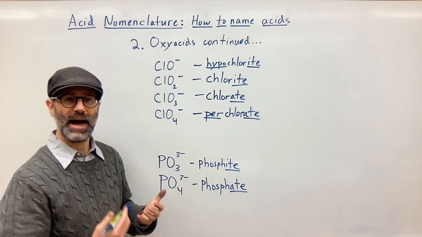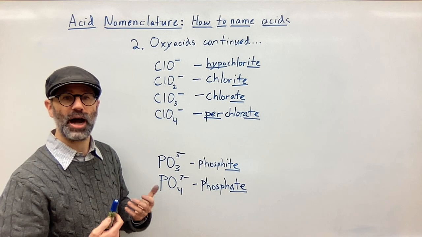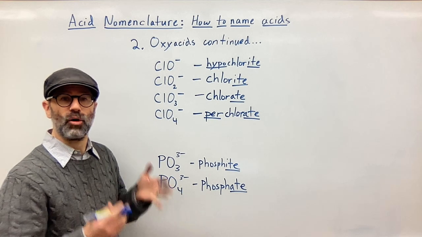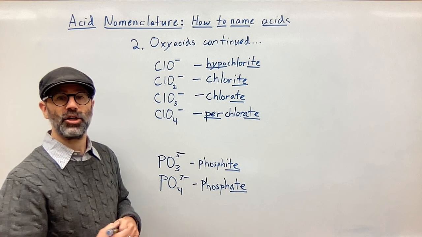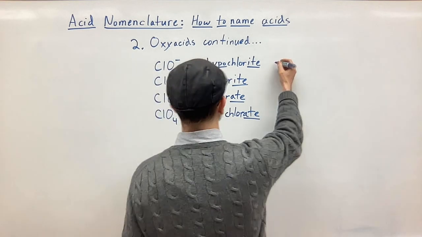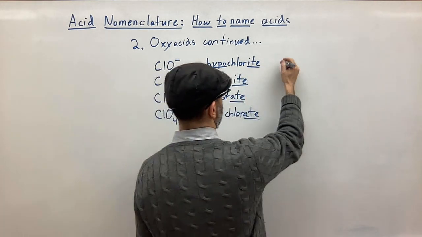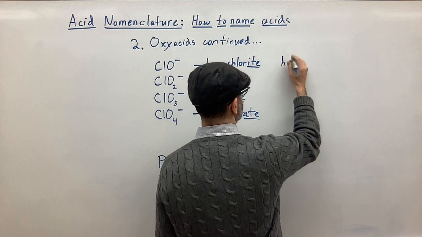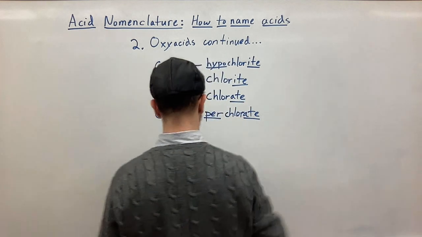So what about your acids? So we go back to the steps of naming your oxyacids. So again, whatever the name of the polyatomic ion is, you're going to take that name first, right? So if I take this one, hypochlorite, let's write the formula for it.